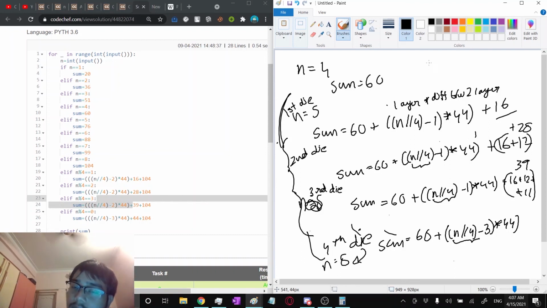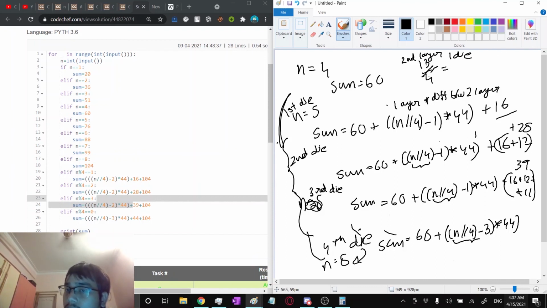So if it's 13 by 4, that means second layer, first die. If we did only the single division, that is 13 by 4, we would have gotten a float value.